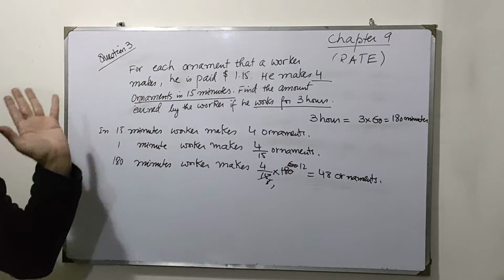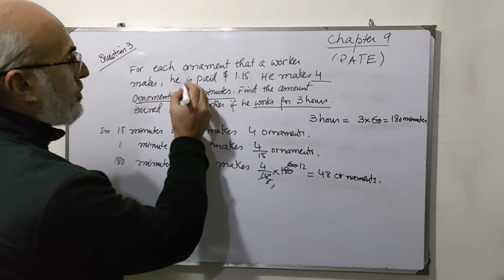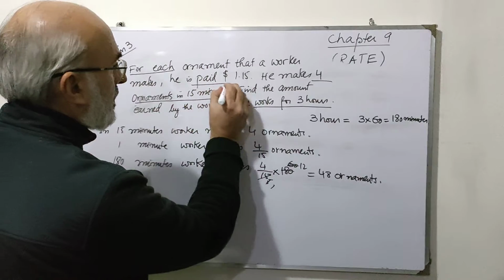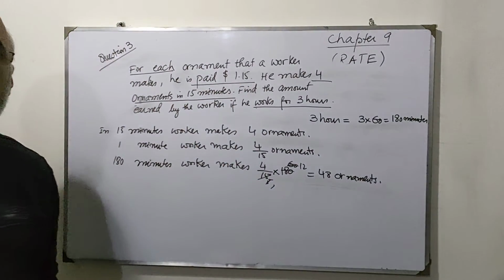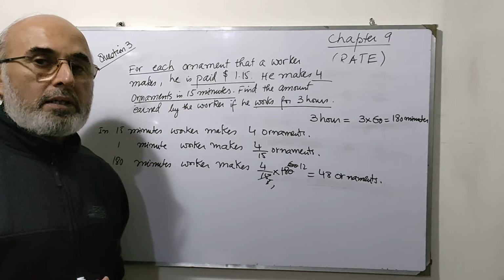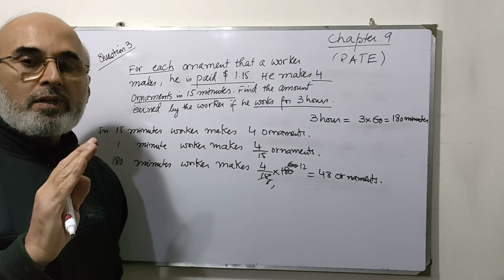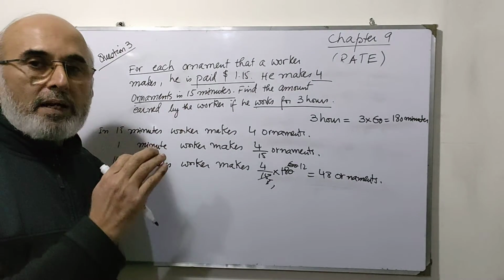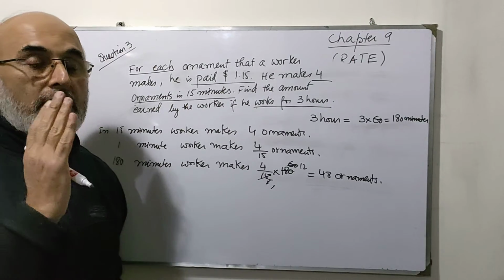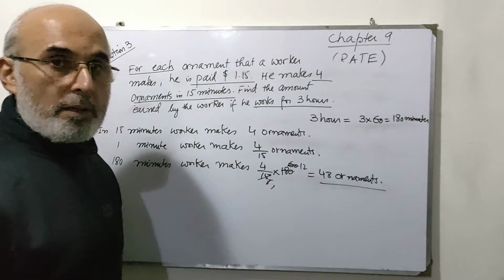Now, let's come back to the payment. For the payment, it is said that for each ornament he is paid $1.15. That is, for unit rate for the payment is already given. For one ornament, he is paid $1.15, right? So, if he has made 48 ornaments, what will be the total payment?